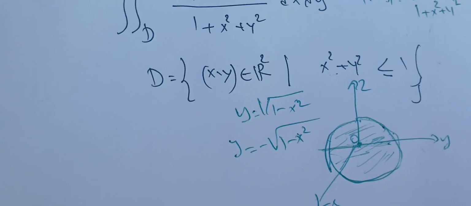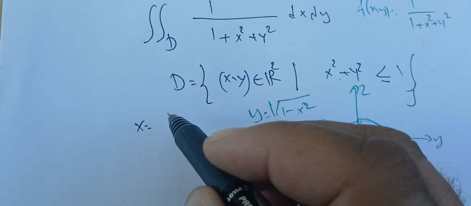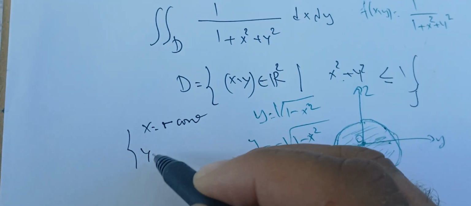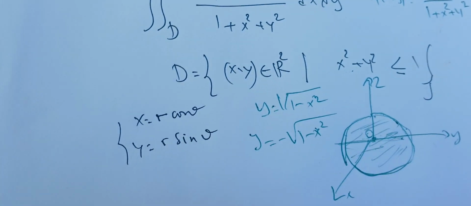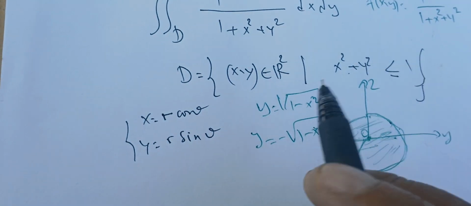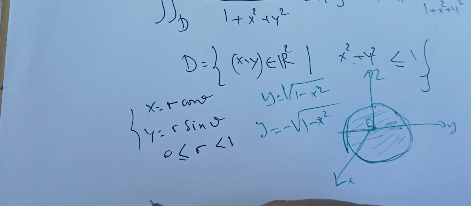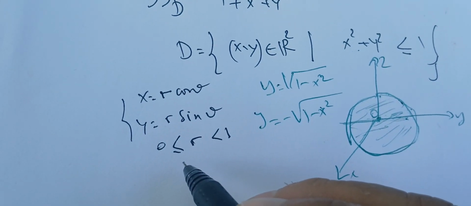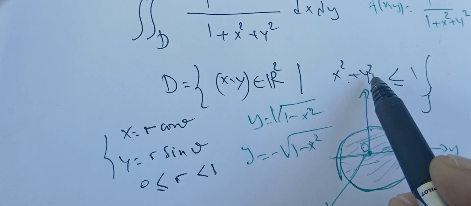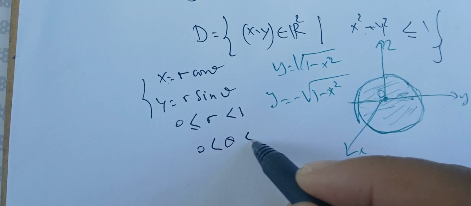If we let x be r cosine theta and y be r sine theta, we see that x squared plus y squared is less than 1. That means r is between 0 and 1. Using this fact, theta is going to be between 0 and 2 pi.